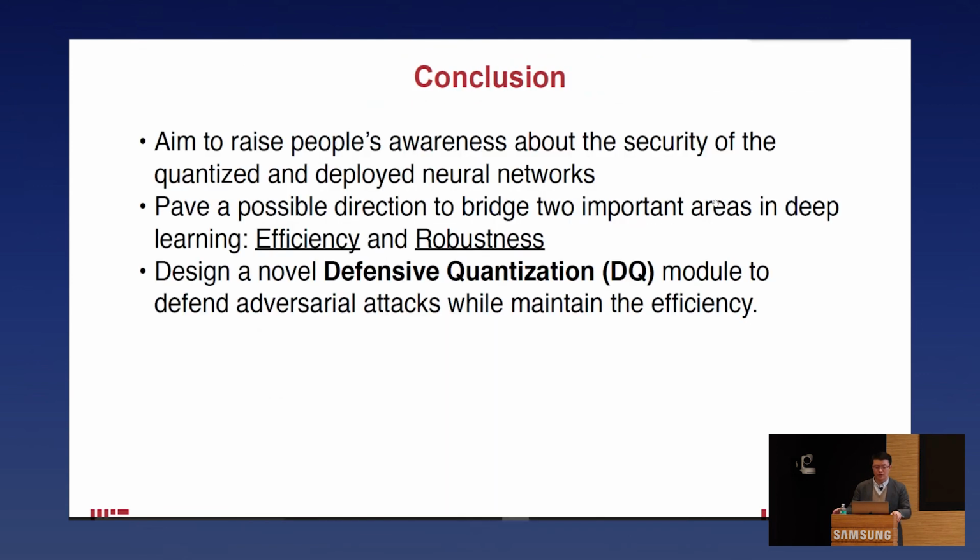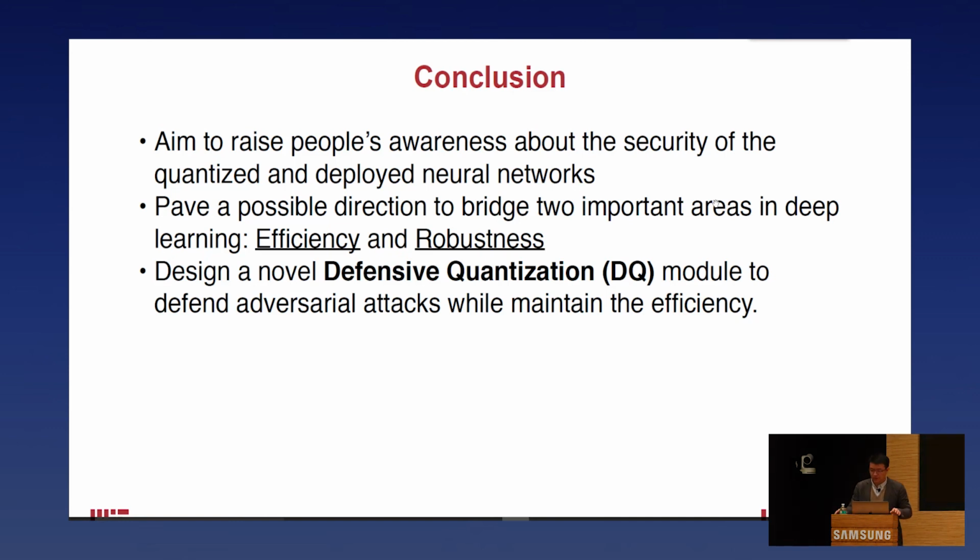And the take-home is we want to raise people's awareness about the security of the quantized and deployed neural networks to balance between efficiency and robustness. And we designed a novel defensive quantization to defend against those adversarial attacks while still maintaining the accuracy. And for more information about this work, you may reference my website for the ICLR 19 paper.